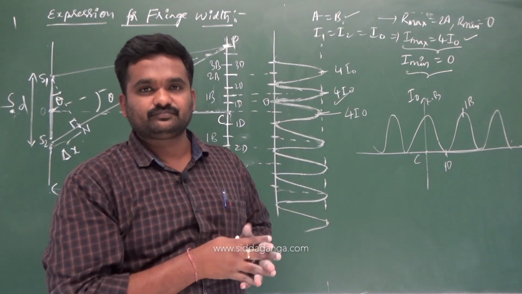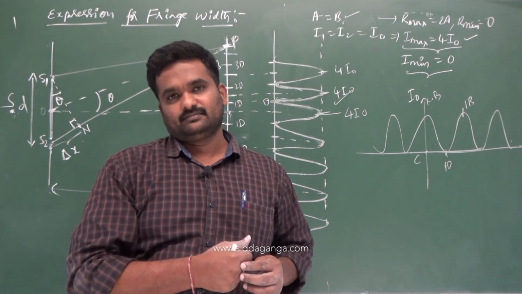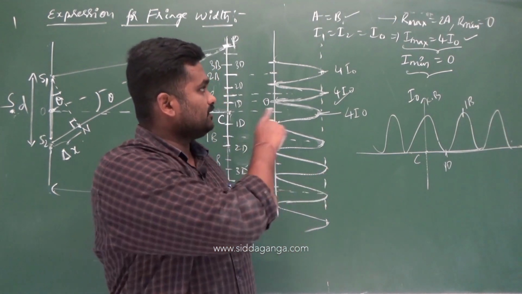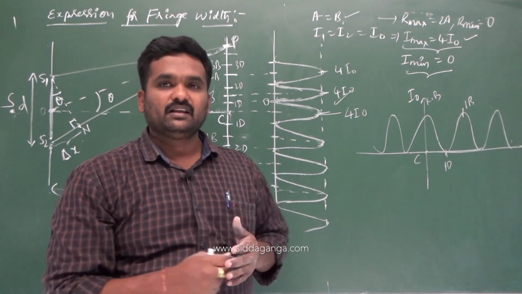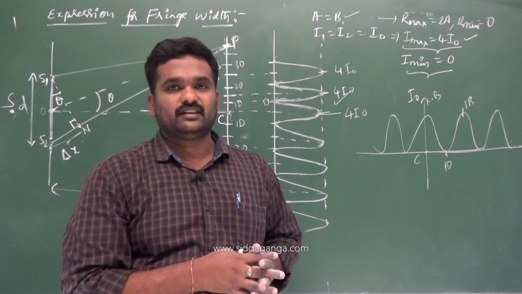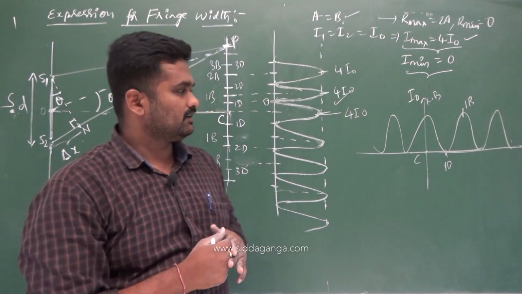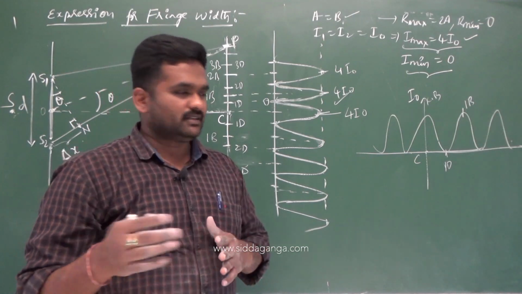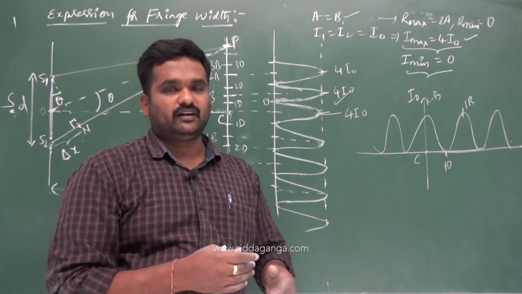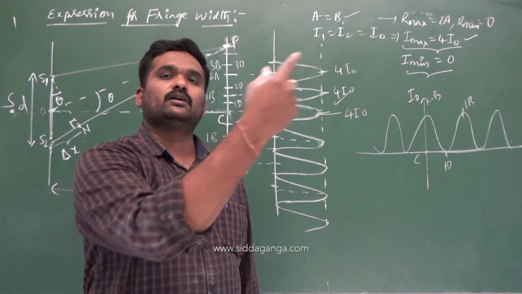Now applications and problems: how they are going to ask the numericals on this concept of interference, and how we need to solve them. What are all the applications we have to study there. So all the points one by one we will discuss in the coming session, and I'll bring some points to be learned for competitive exams also. Soon after the completion of the entire interference, we will move on to diffraction.